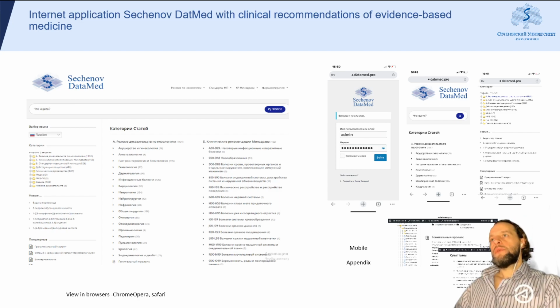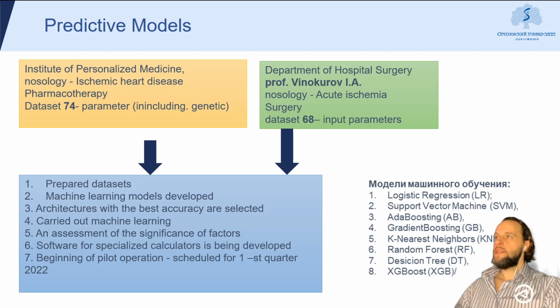One of our projects is related to evidence-based medicine, processing thousands of medical articles in different areas and resulting in clinical recommendations and processed datasets of natural language in these articles. This procedure looks like that.